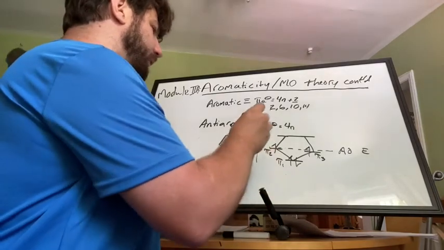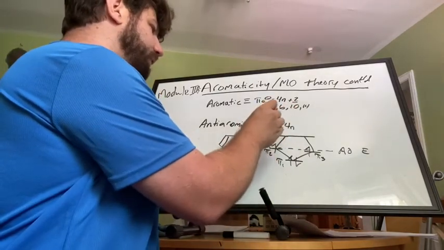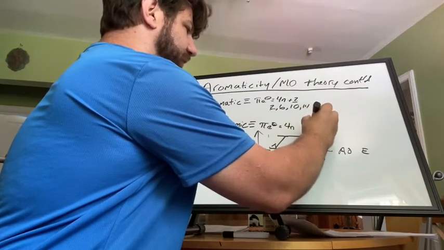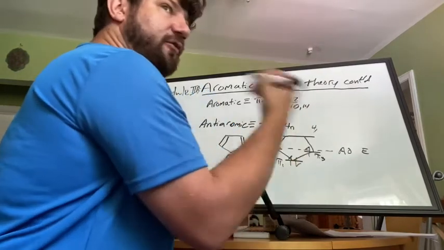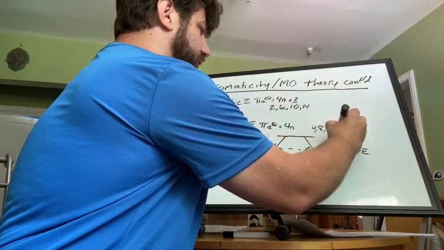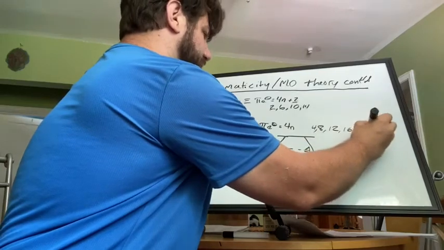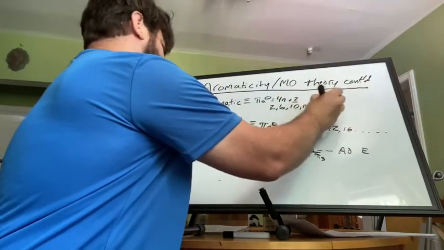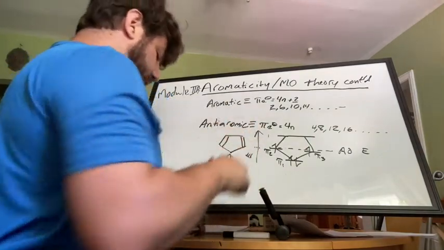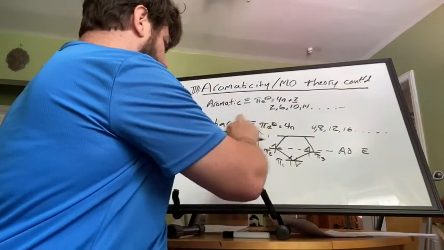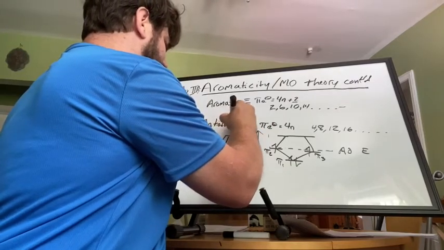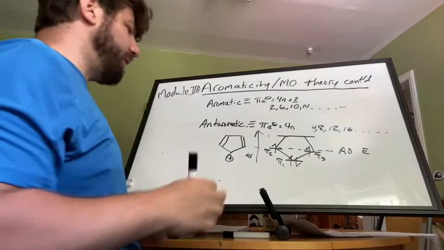All right. So 4n. So in other words, it's going to be a count of 4, or 8, or 12, or 16, right? Wow, I really botched this. Aromatic, anti-aromatic. Sorry about that.